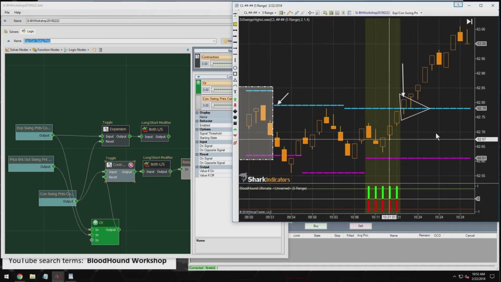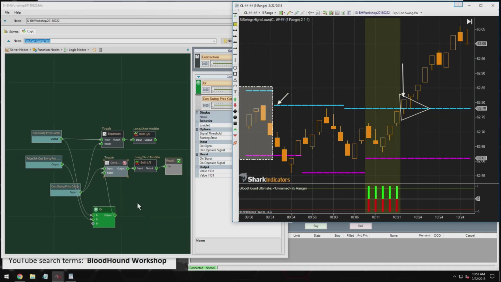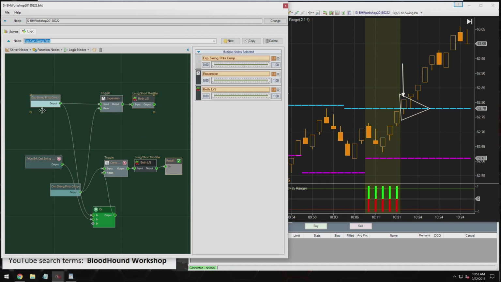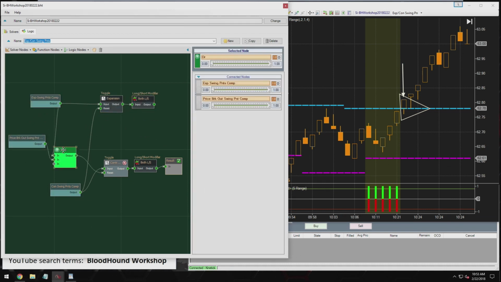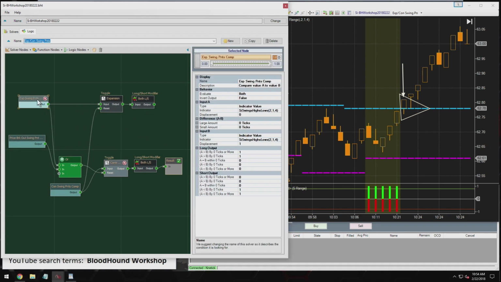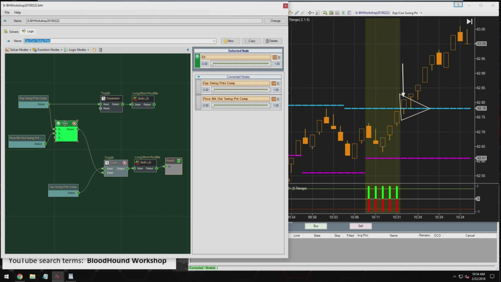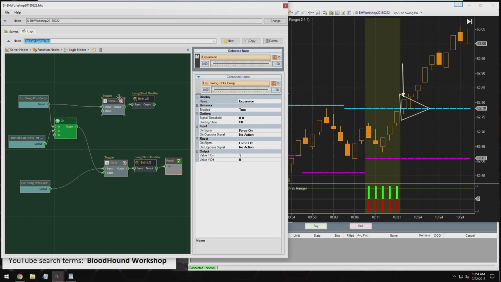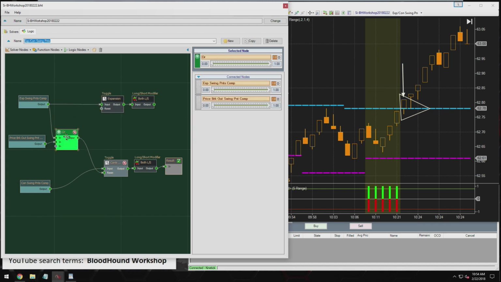That looks correct. Okay, so we need to kind of clean this up. Let's clean this up a little bit here. Let's pull these apart a little bit so things look a little better. And we're going to need to do the same thing for the expansion. So let's move that down here.